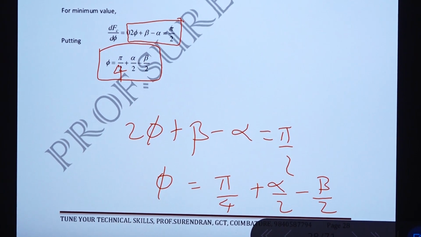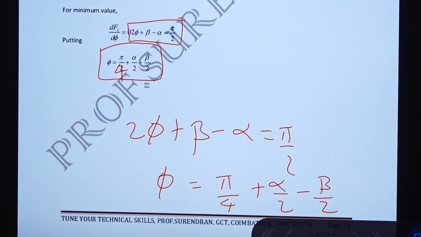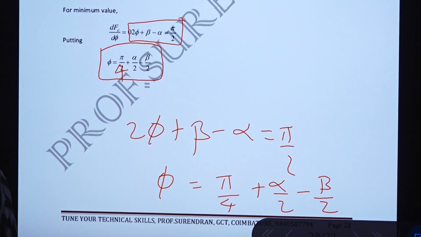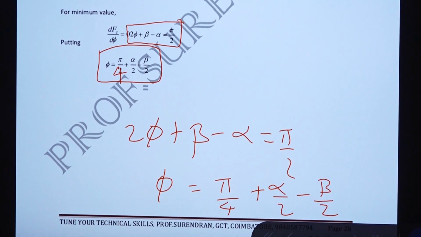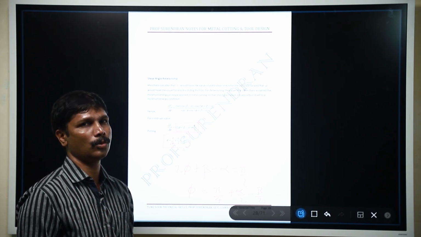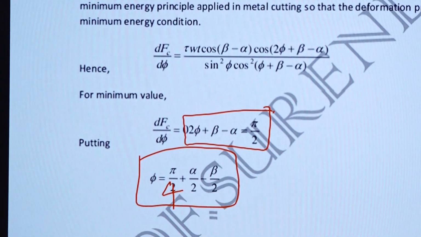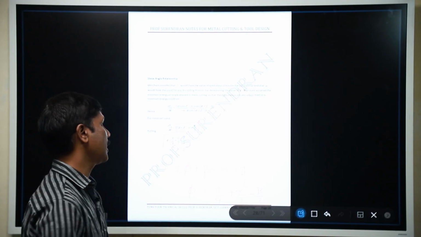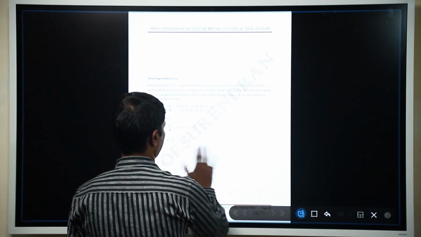Okay, this is the thing you should remember. It is the Merchant relation. You have to remember 2 phi plus beta minus alpha equal to pi by 2, where phi is the shear angle, beta is the friction angle, alpha is the rake angle.